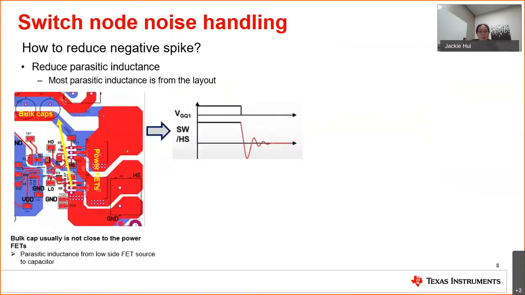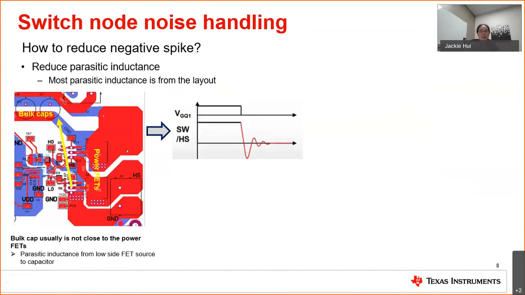So what can we do to reduce this negative spike? As I mentioned earlier, most of the parasitic inductance is from the layout. So good layout is very, very important. The most basic and common best practice is to have a tight layout between the driver and your power transistor, like your power FET.